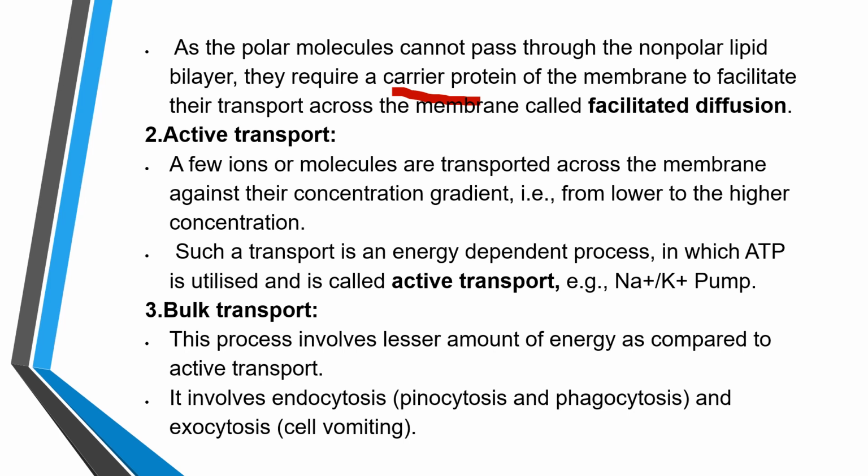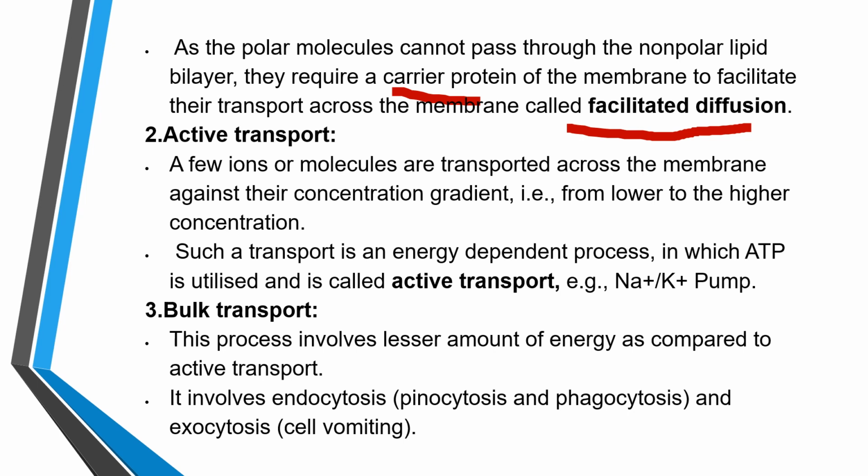And if proteins are helping polar molecules to transport across the membrane, then this diffusion is called facilitated diffusion. So facilitated diffusion is also one of the methods covered under passive transport. What is facilitated diffusion? When some proteins help polar molecules to move through the non-polar lipid bilayer.